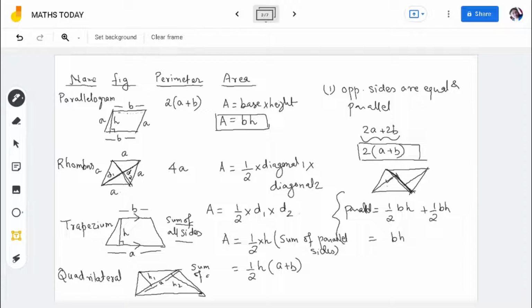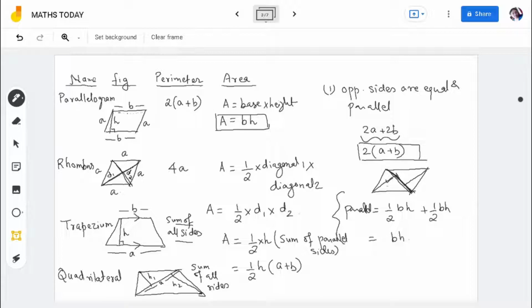But how do we find the area? In this figure you can see that this quadrilateral has been divided into two triangles. In the first triangle we have the base A and its height is h1. In the second triangle, the base is A and the height is h2. If we add the areas of these two triangles, we will get the area of the quadrilateral.